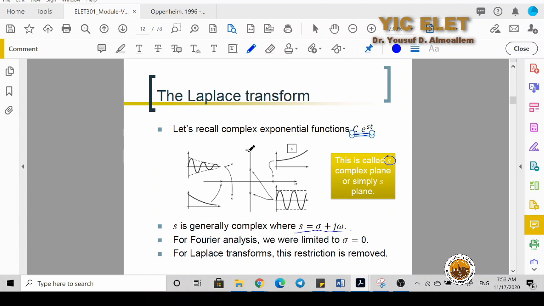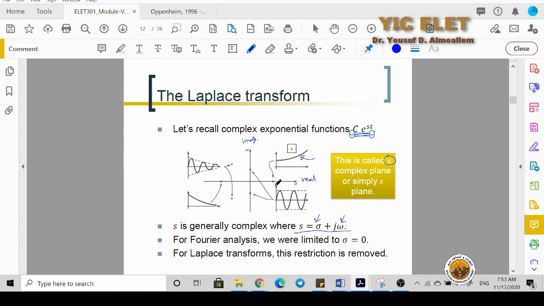So if both of them were positive, the sigma is positive and omega is positive. So this is the real part, and this is the imaginary part. If both were positive, then this exponential will be plotted in this way.